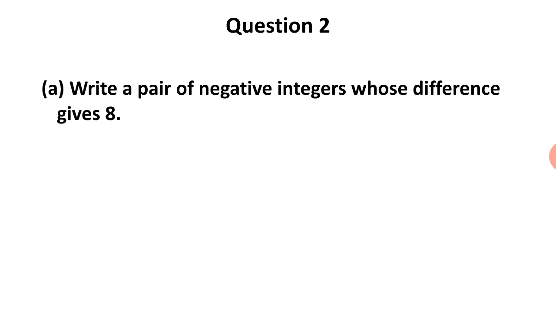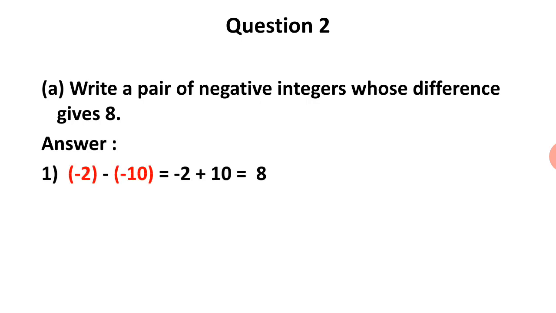Write a pair of negative integers whose difference gives 8. Pair of negative integers. Both the integers should be negative. Moreover, their difference should be equal to 8. So, difference is shown by black ink, that is minus, and the answer is 8.